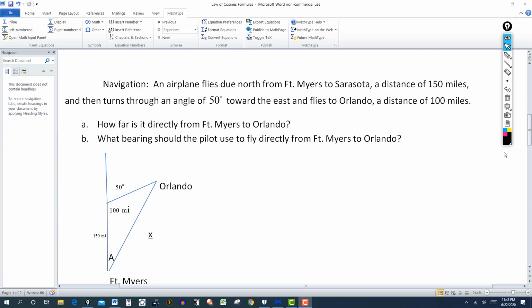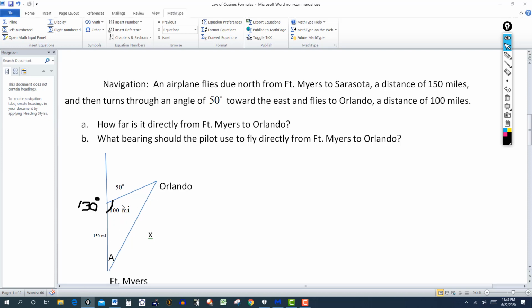Keep in mind that this angle right here is 50 degrees and this is a straight angle, so that angle right there is 130 degrees. Here I'm trying to find x, the distance directly from Fort Myers to Orlando.